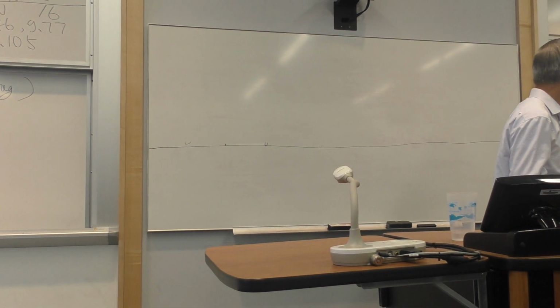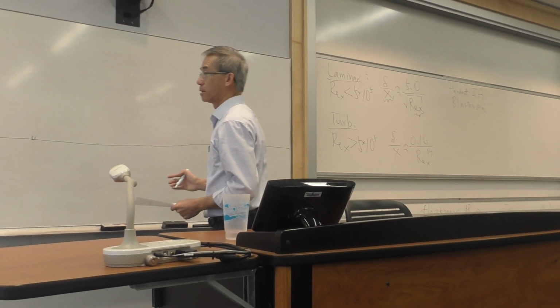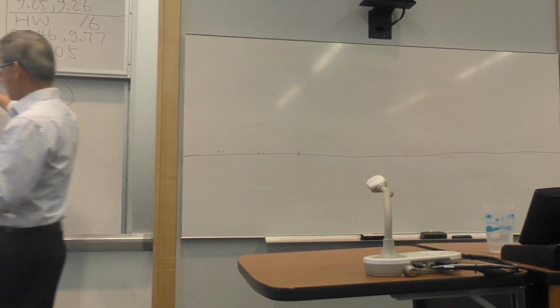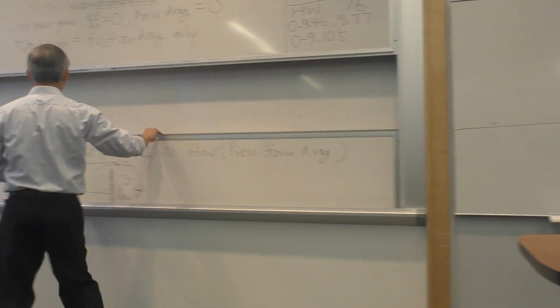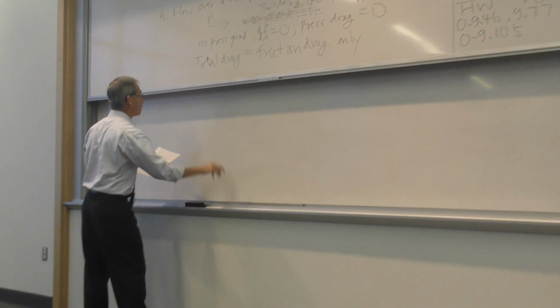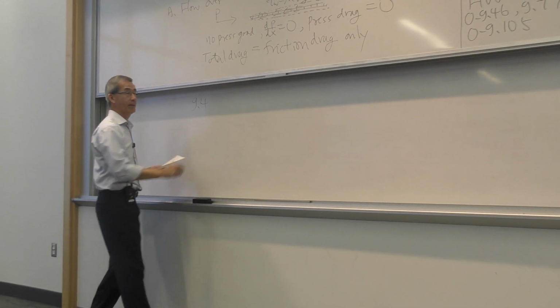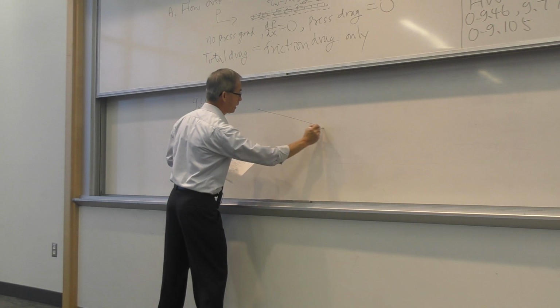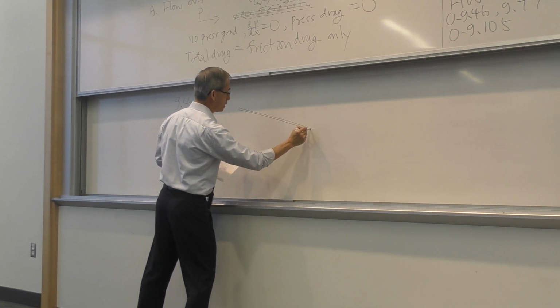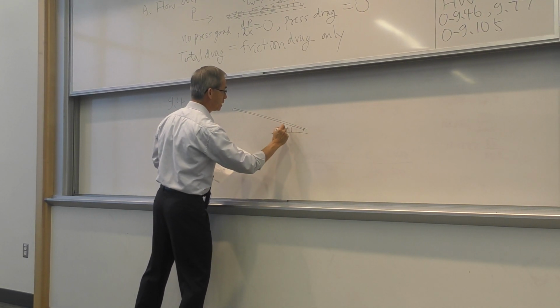All right, 2 minutes and just some hints on the last homework, 9.4, where you are not given a plate parallel to the flow, but instead it's at a relatively small angle of 7 degrees.